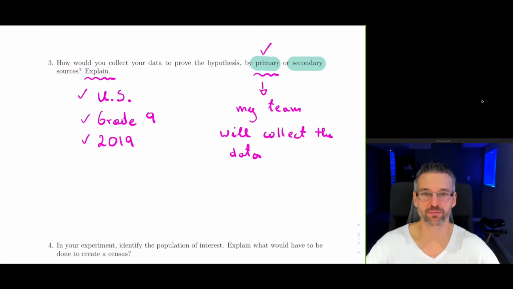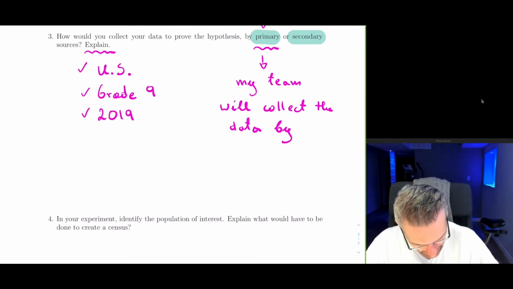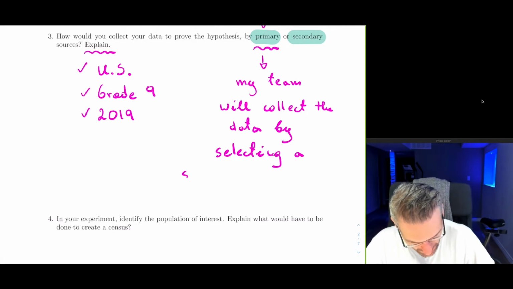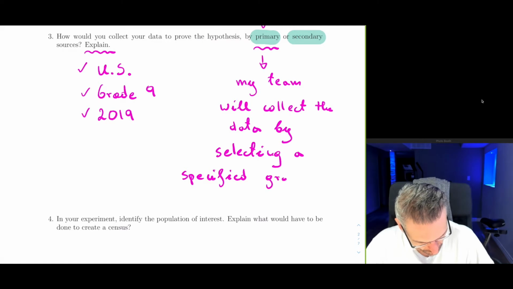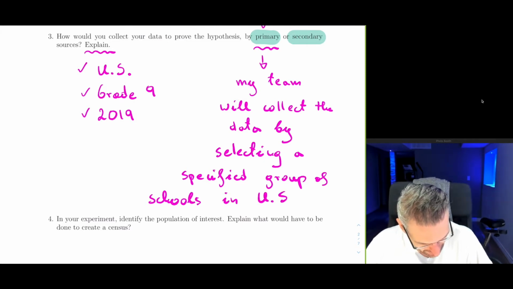I would say by primary sources, which is our team, would collect the data, let's say by selecting a specified group of schools in the United States.